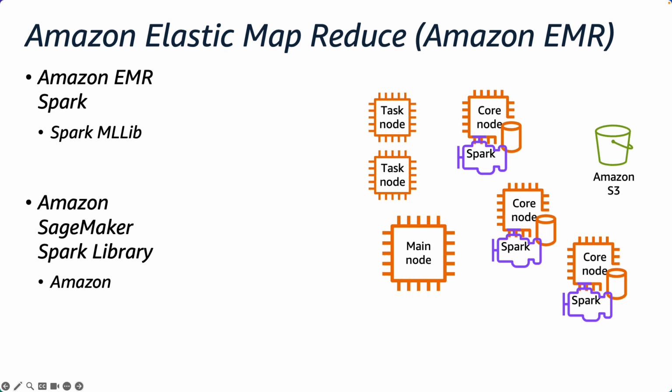MapReduce splits up data across multiple nodes in a cluster, then splits up the jobs across multiple nodes in the cluster. You can build and deploy these distributed environments on Amazon EC2 instances and Amazon EKS. Core nodes have HDFS storage attached, but task nodes do not have that storage.